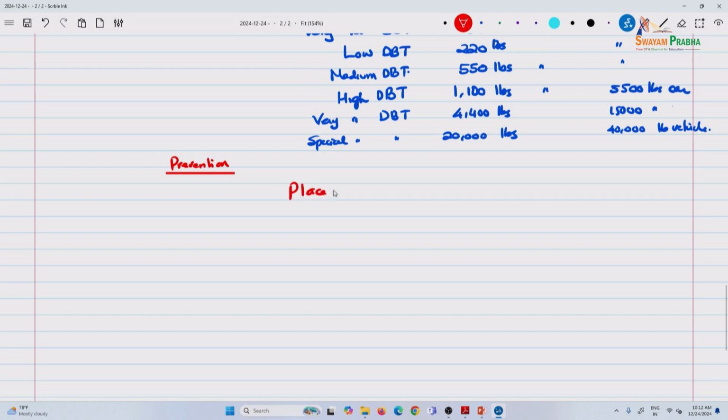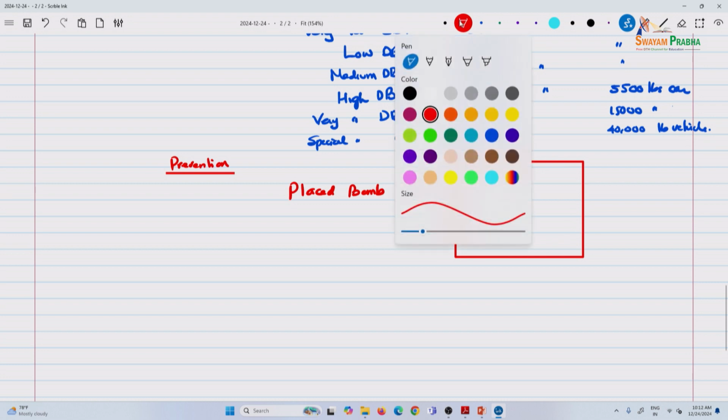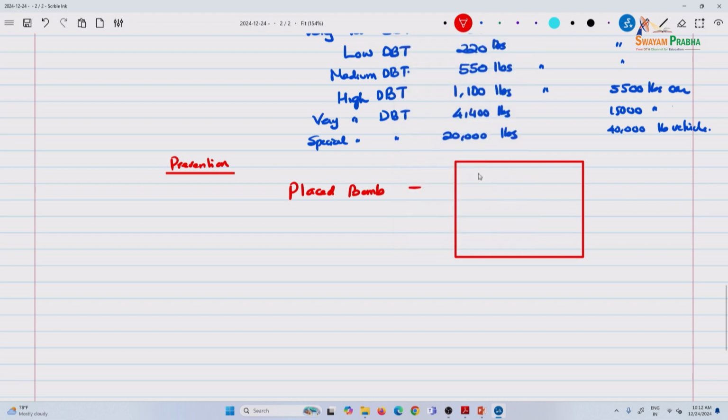So for a placed bomb, you're looking at several ways. You can eliminate trash containers wherever they are. That's an easy way, small things that you can do.